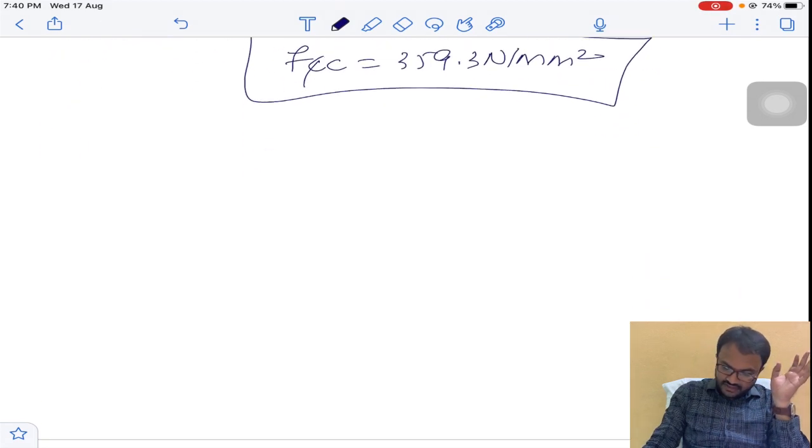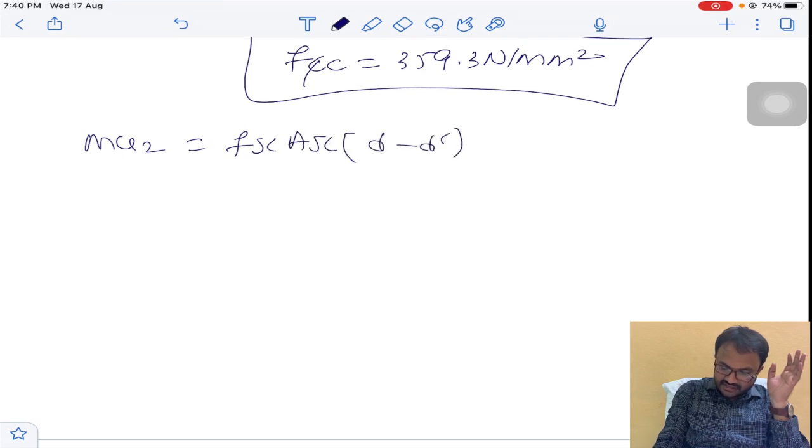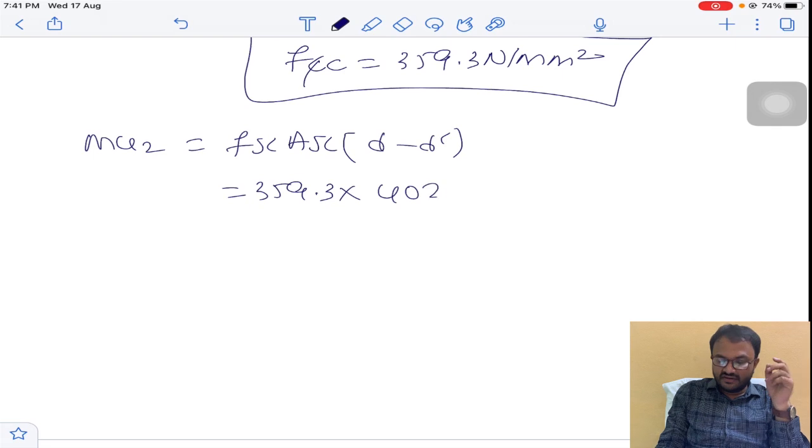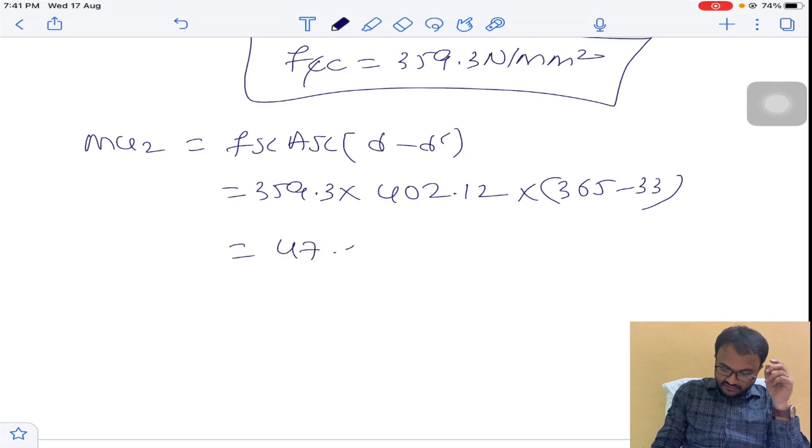Clear? Now, moment of resistance due to compression steel is equal to FSC into ASC into D minus D dash. FSC is 359.3 into ASC is, what is the remaining amount of steel? That is compression steel 402.12. It will be 365 minus 33. So that is equal to 47.96 kilonewton meter.